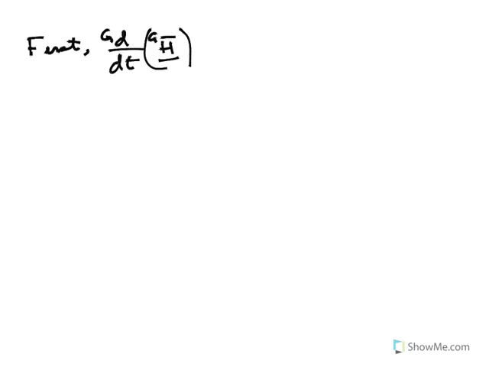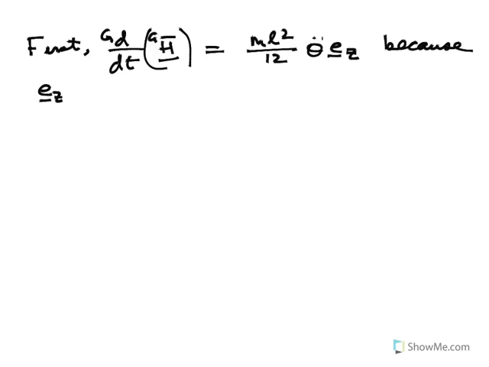So this is equal to ml squared over 12 times theta double dot e_z, and that's because e_z is fixed in the ground, which is the inertial frame. So now we've computed the rate of change of the angular momentum.